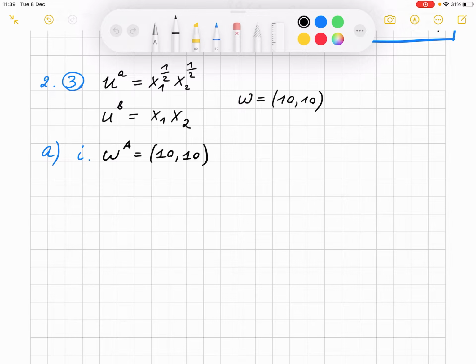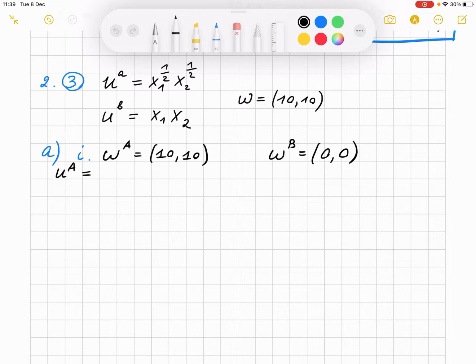And so on the left I will write what concerns agent A, and on the right I will write for B. And so if the first agent, the agent A, has all goods in this economy, then agent B has nothing, because in total we have 10 and 10, and so B is left with 0 and 0. And then we have to calculate what are going to be the respective utility levels when they hold so many units of good 1 and 2.